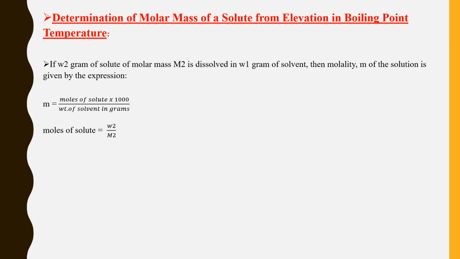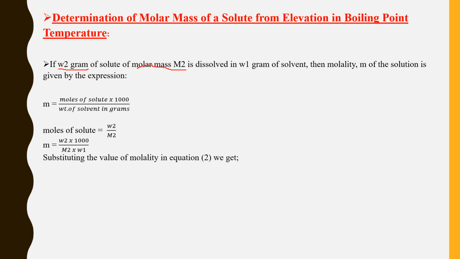Since number of moles of solute will be equal to mass of solute W2, given in grams, divided by molar mass of solute, which is also given, that is M2. So the molality will be equal to W2 into 1000 divided by M2 into W1.